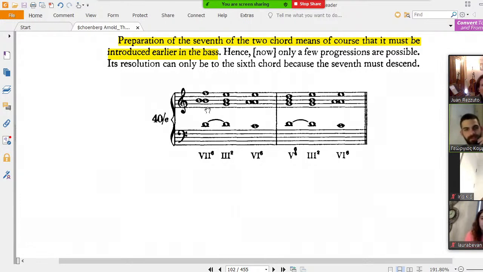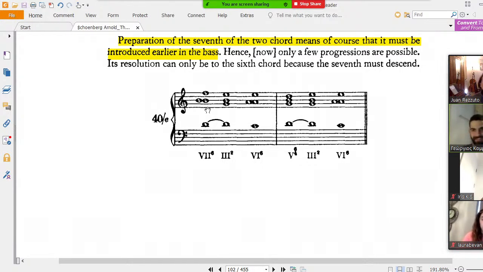Now he has the 6-3 and the 5-3. Of course, we can do 2-3 to prepare the bass. He uses the 6th and the 5th as the examples here, but I assume these are not the only cases where we can prepare the 7th on the bass.